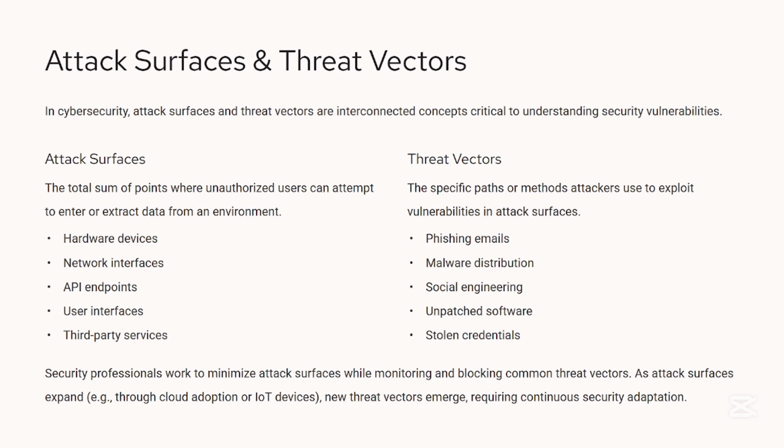So what are attack surfaces? This refers to the total sum of points or areas where unauthorized users can attempt to enter or extract data from the environment, organization, or our system. So attack surfaces refers to the points through which unauthorized users can gain access to our environment.